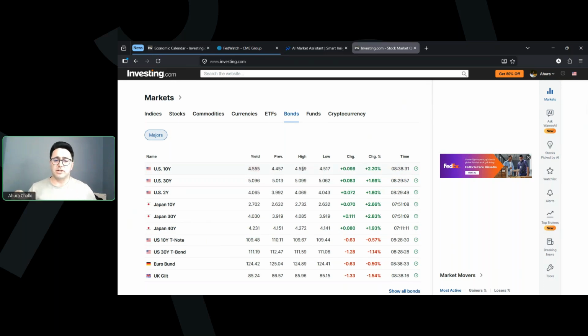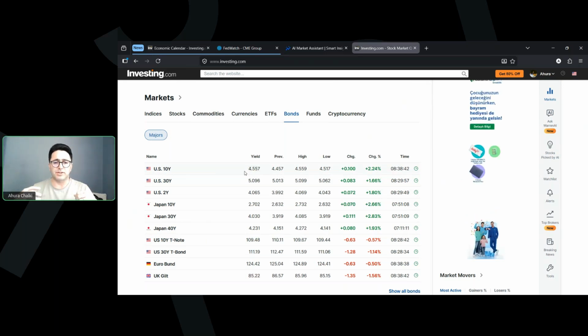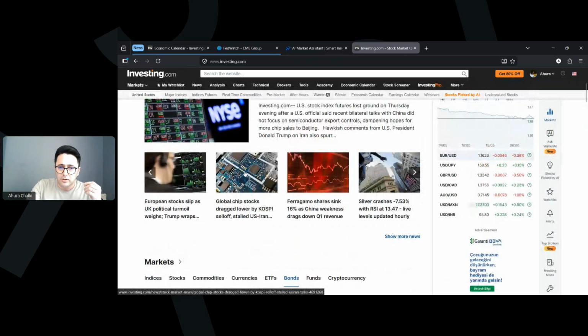These numbers tell us that when the yield is higher, the money that producers and business owners receive to invest in their business is expensive. When you have expensive money and you invest in your business, it means that you are accepting higher risk.